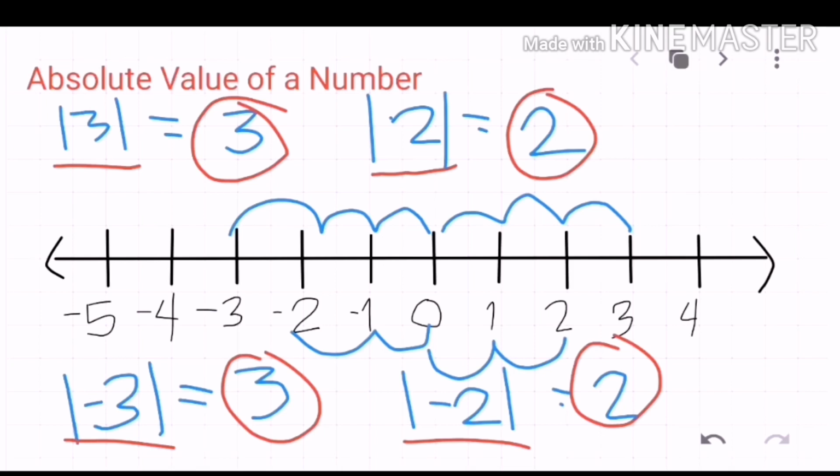That follows the second statement, that the absolute value of a number is always positive. So if you are given a negative number, then its absolute value is its positive form.